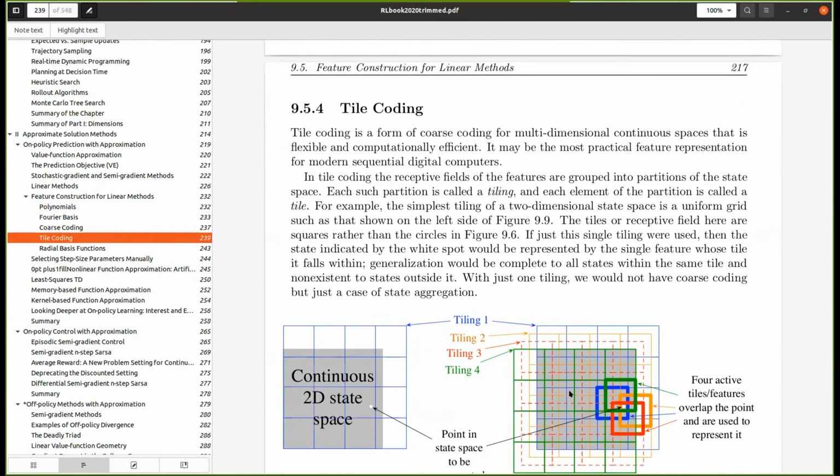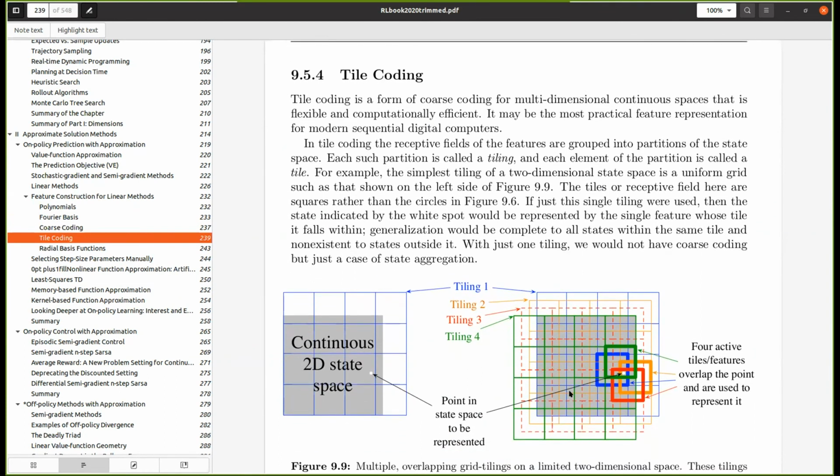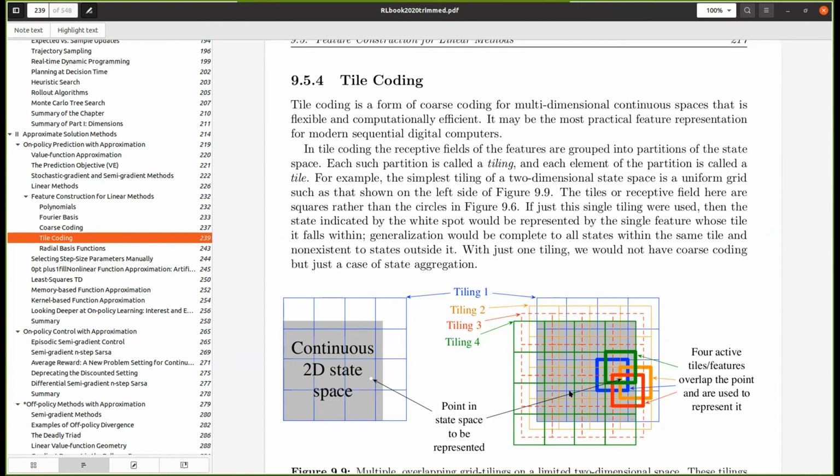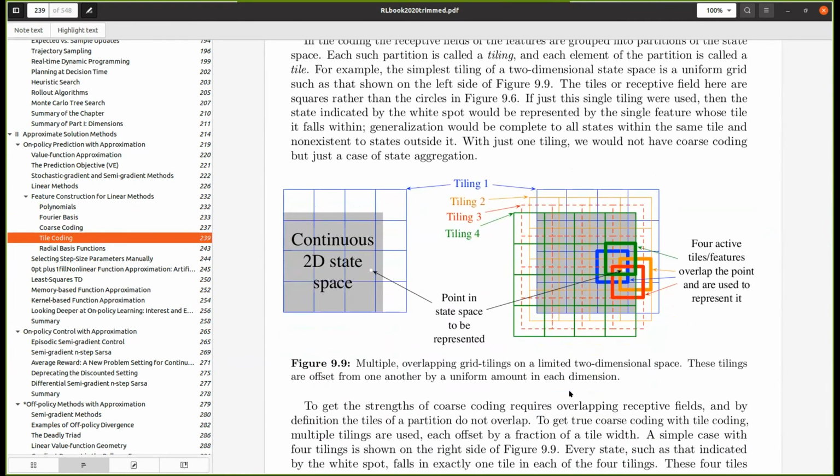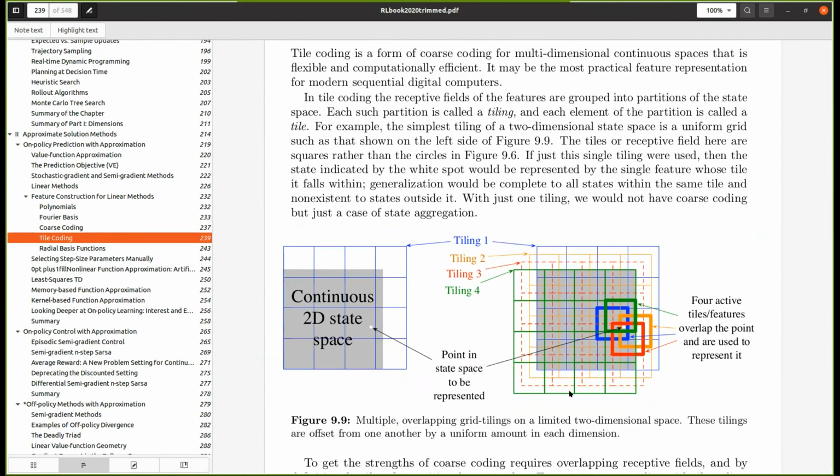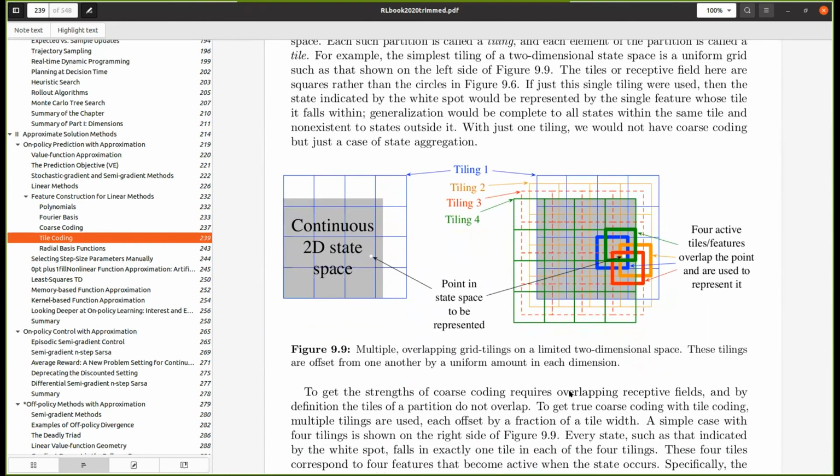Okay, and an alternative to circles can be this tile coding. The idea is very similar, right?